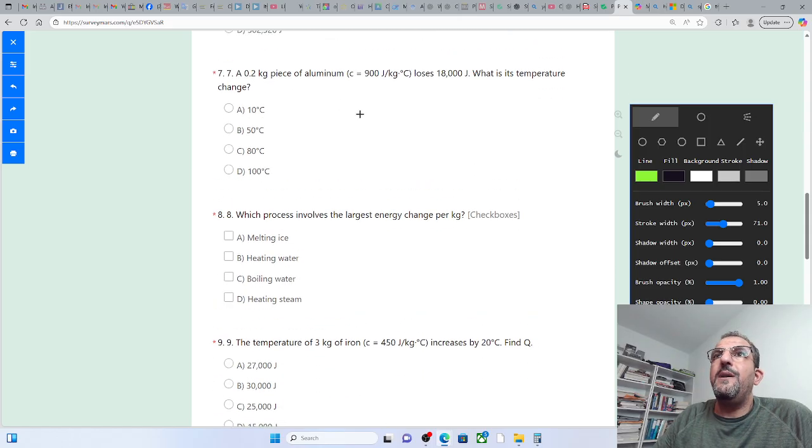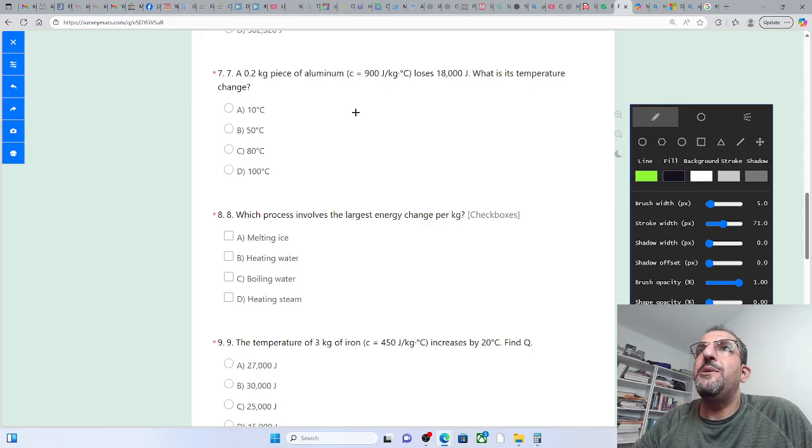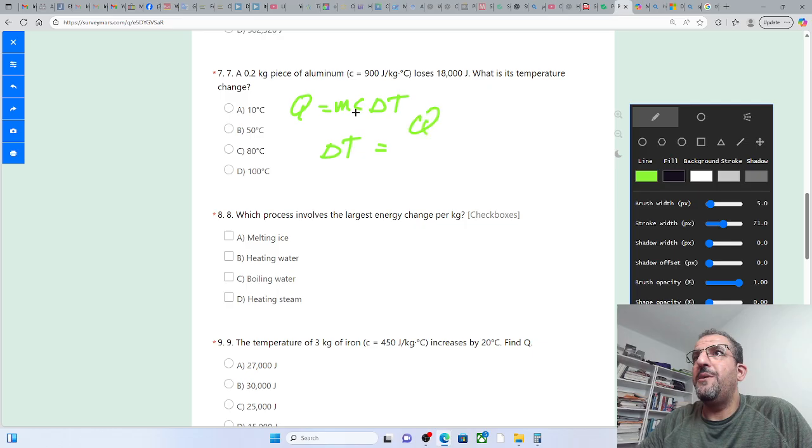For number 7, we have a 0.2 kilogram piece of aluminium, with specific heat, that loses 18,000 joule. Okay, so what's the temperature change? Again we have Q is equal to mc delta T, and we need to solve for delta T. It's equal to Q over mass times specific heat.